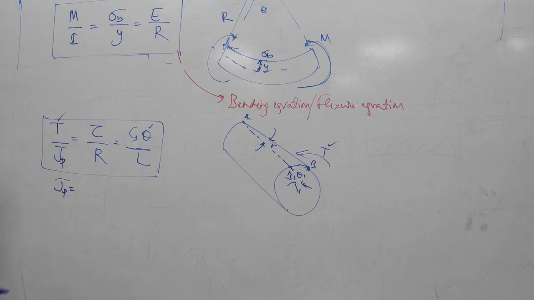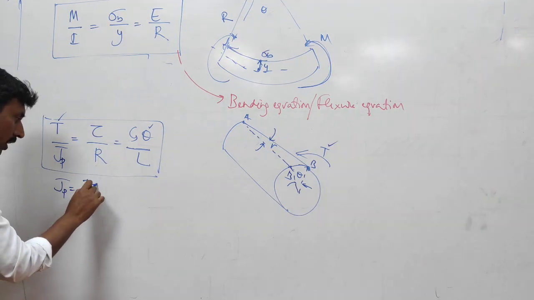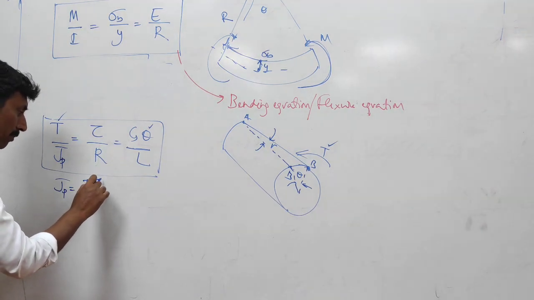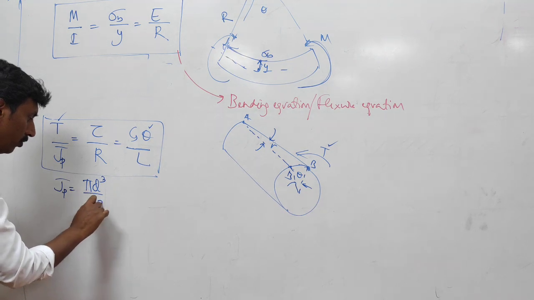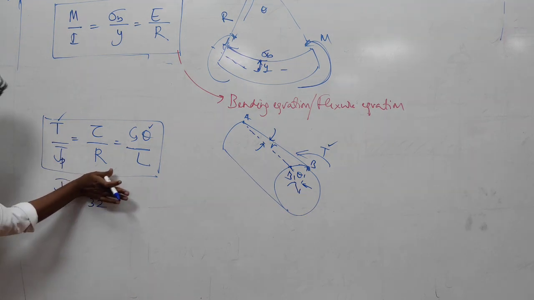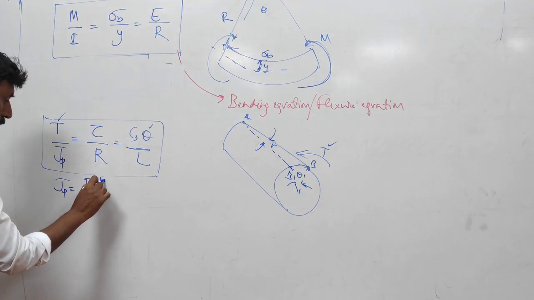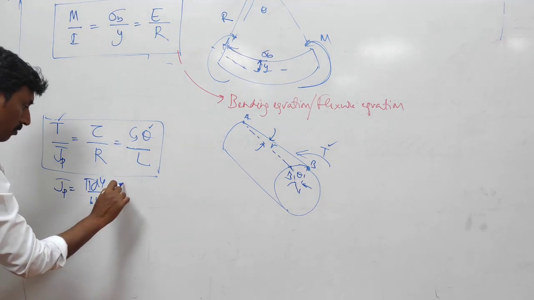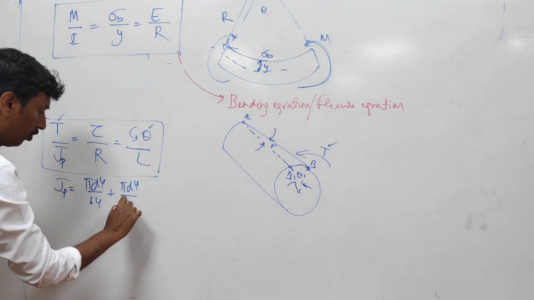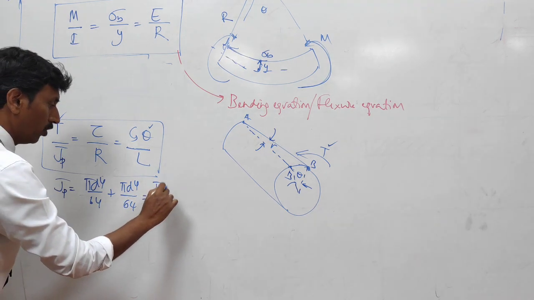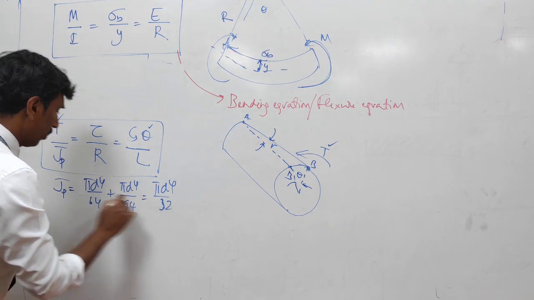So for shafts, it is pi d to the power of 4 divided by 32. This is the sum of these two, pi d to the power of 4 divided by 64 plus pi d to the power of 4 divided by 64, which is equal to pi d to the power of 4 divided by 32.